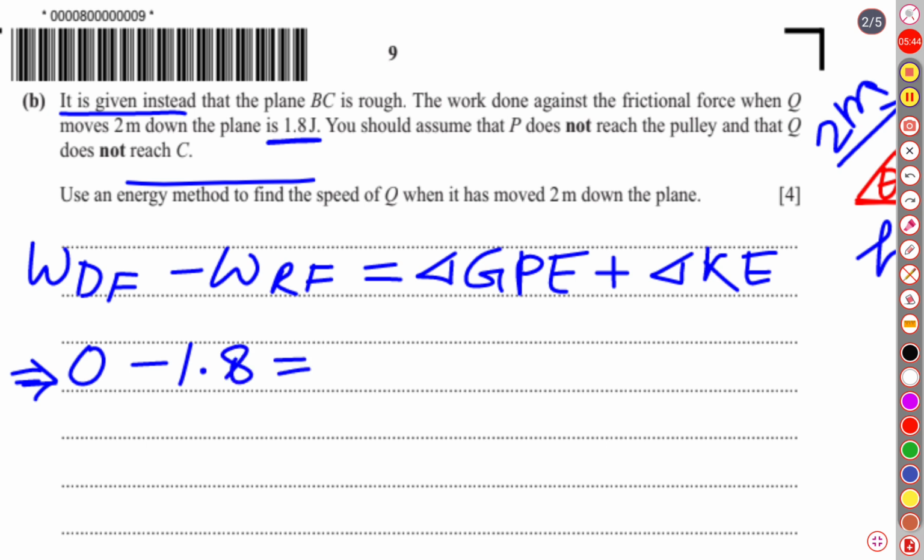Now, as there are two particles connected, we will have to write them individually.